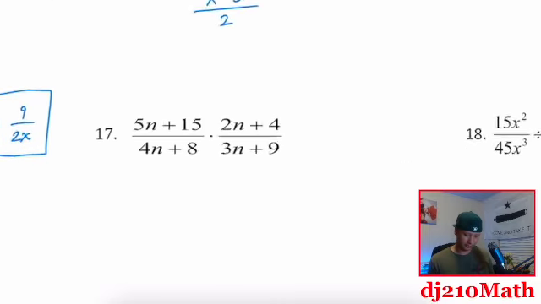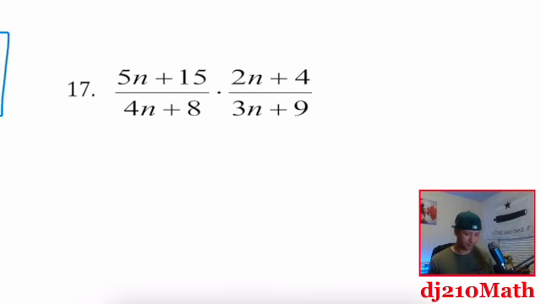17. We're almost done. Here it's an N, not an X. It's just GCF of the top left, bottom left, top right, bottom right.